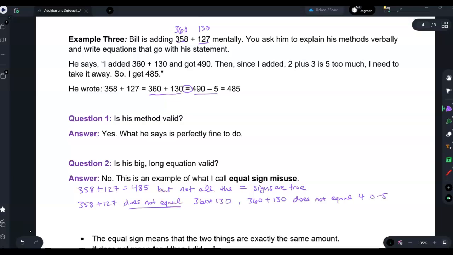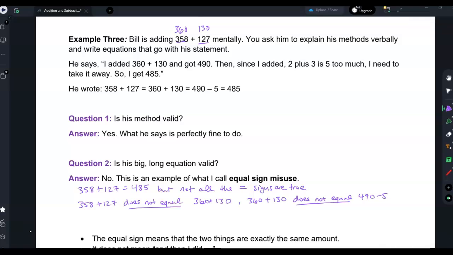Sorry, that's supposed to be a 490. 360 plus 130 equals 490, and then the next step was to subtract 5, but those are not equal to each other, right? If a student sees this written on the board, especially if they look down for a minute and then look back up, they're going to be like, what do you mean? 360 plus 130 does not equal 490 minus 5. That's not equal, right?